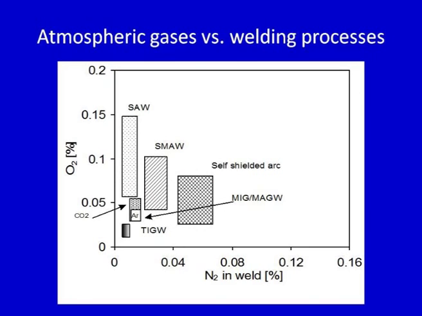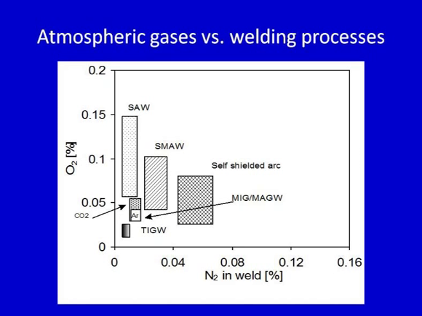If we see this diagram, in the case of the submerged arc welding process, we find a high concentration of oxygen in the weld, while in the case of shielded metal arc welding, we find a higher oxygen content, but somewhat lower than SAW, and a greater percentage of nitrogen.